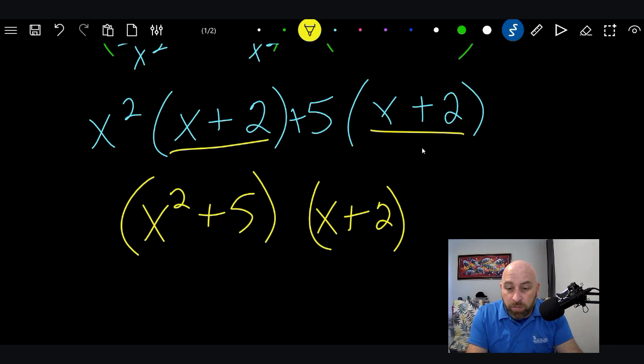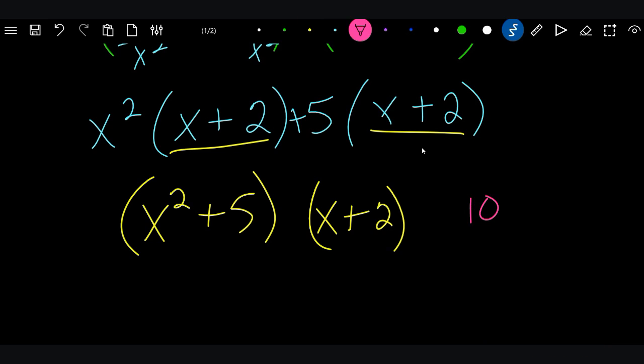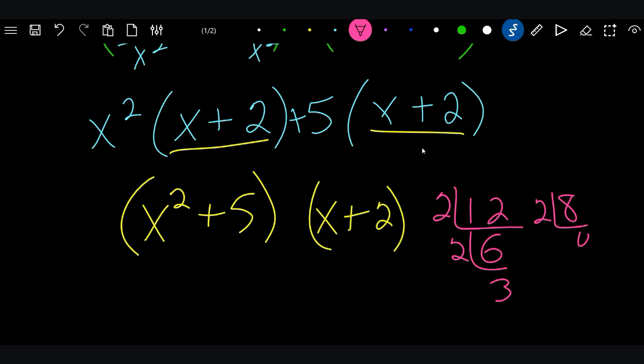Remember when we're common factoring something, let's say we're common factoring a 12 and an 8. Okay. So 2, 6, 2, 3. 2, 4, 2, 2. Now remember, when I have a common 2, I only take one of those 2's, right?